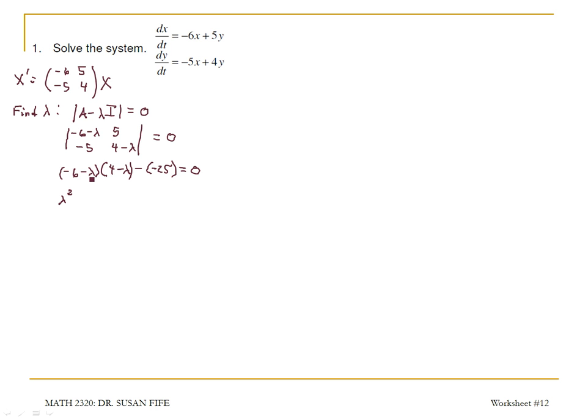I have a 6 lambda minus 4 lambda, that's going to give me a 2 lambda, minus 24 plus 25. And the minus 24 and the plus 25 combine to give me a +1. So notice that lambda squared plus 2 lambda plus 1 factors into a perfect square. You get lambda plus 1 squared, or you get lambda equals -1 with multiplicity 2.